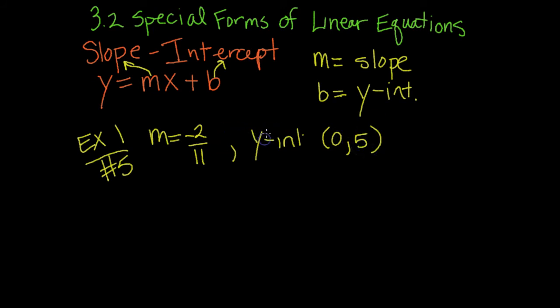Remember with the y-intercept that the x value is always 0. So b is the second part of that coordinate. Okay, so you could even think of the y-intercept as our 0, b in that form.